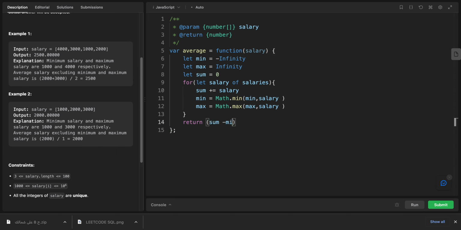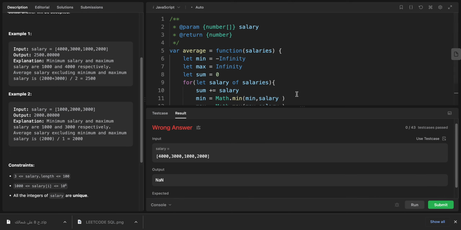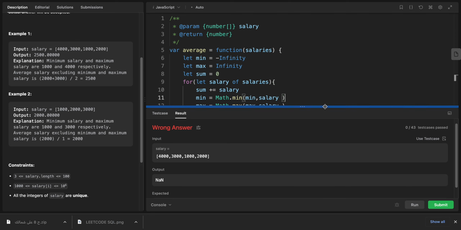sum minus min minus max divided by salaries dot length minus 2, I guess. Yeah. Why is it NaN? Wait a minute, let's see why. Okay, all of them didn't work.